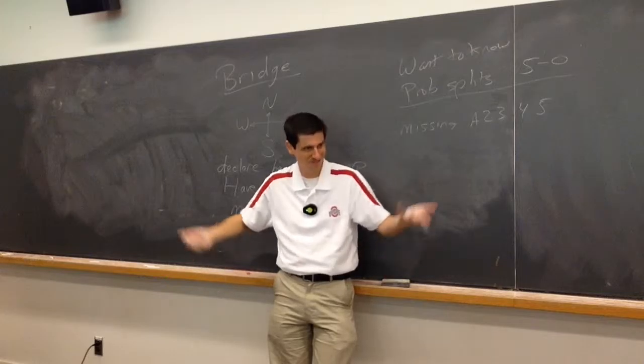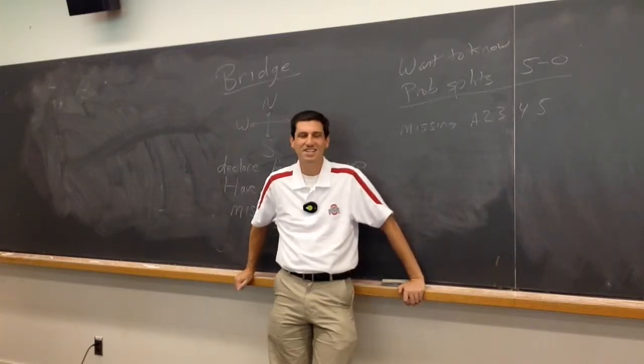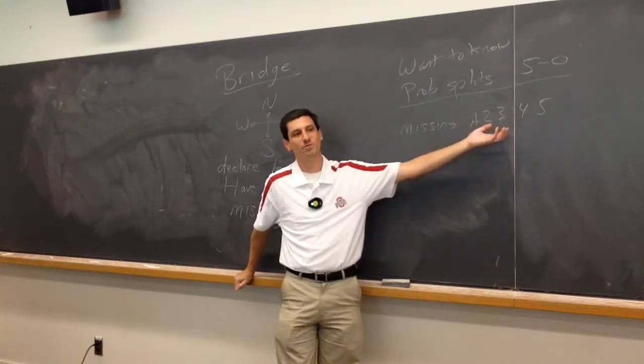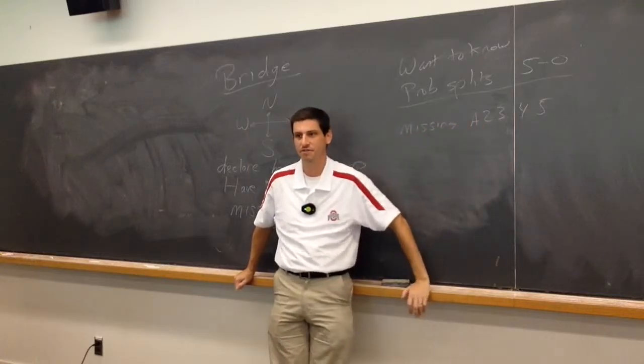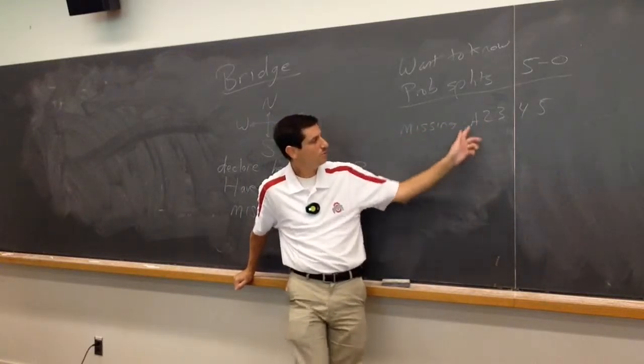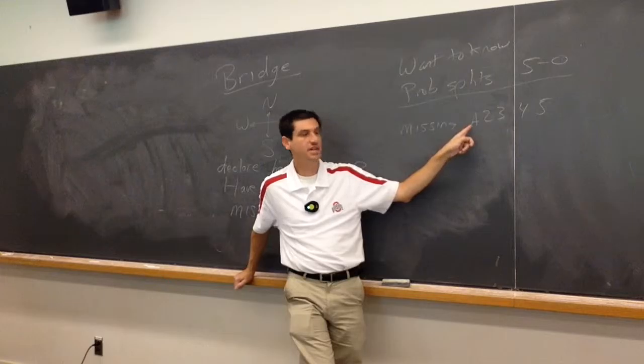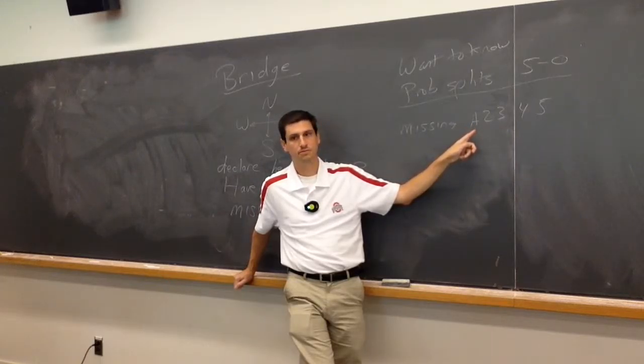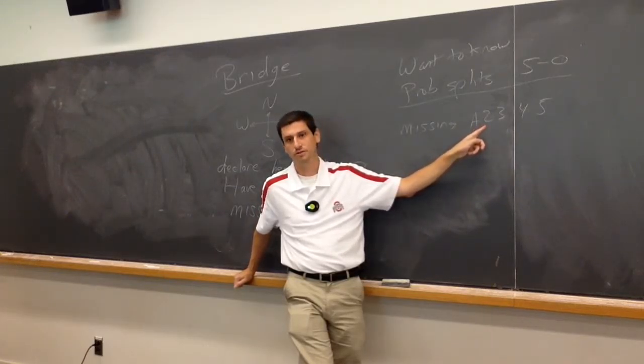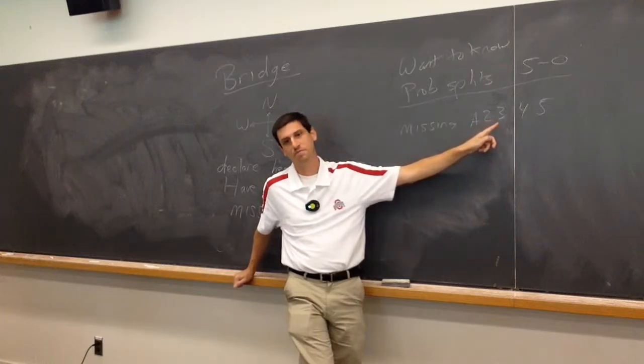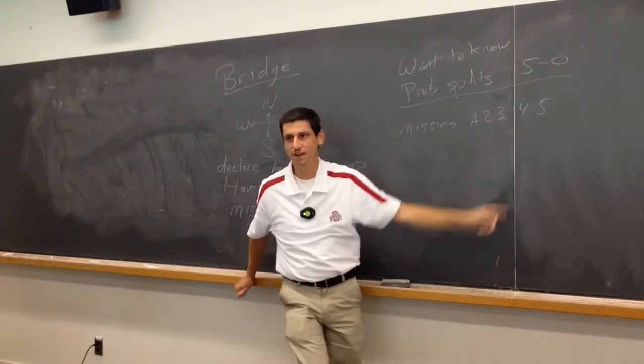Because it doesn't matter, and this makes it very easy to talk about. I want the numbers 1 through 5. What's the probability that East has the ace? That East has the 2? That East has the 3? Half also. And 4 is a half, and 5 is a half.